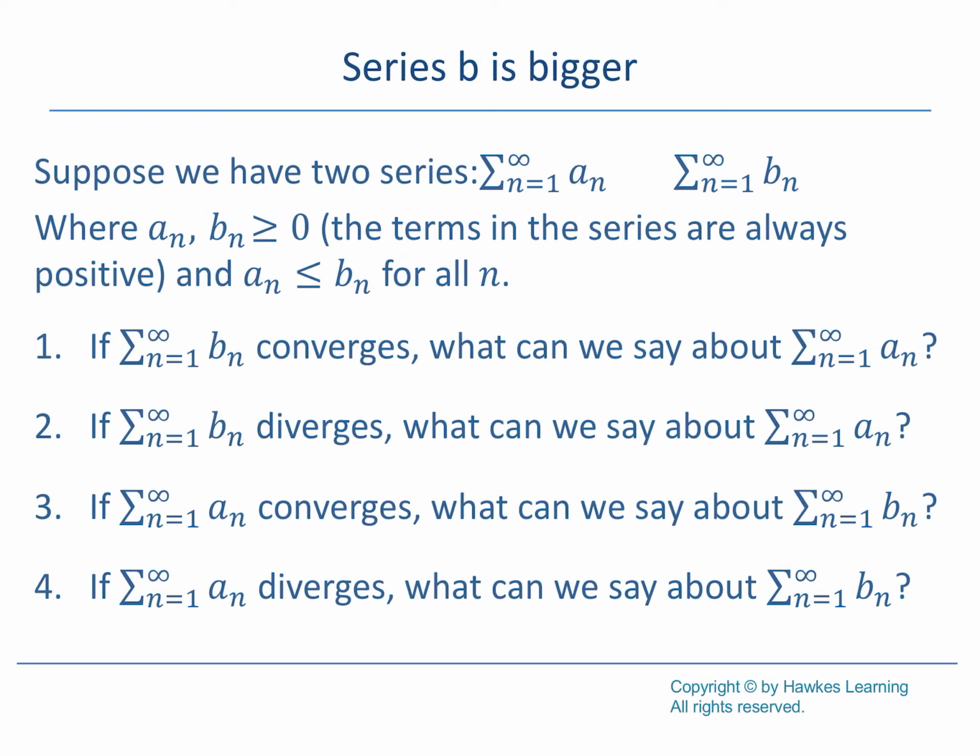So here are the four cases that I'd like to look at first. We have two series. The first is smaller than the second. So here we have a_n is less than b_n for all n. So if we have the bigger series converging, what does that mean about the smaller series?